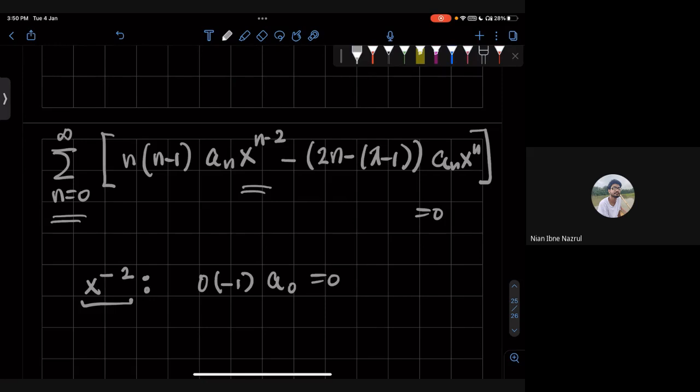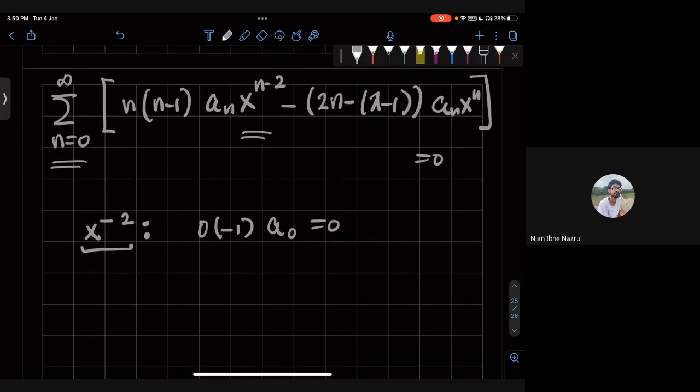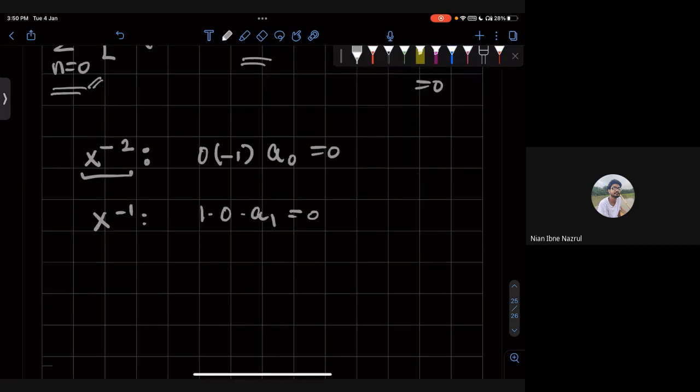Because both left-hand side and right-hand side are 0. And then we have x to the minus 1, which we get from putting n equals 1 here. So for that, we get 1 times 0 times a1 equals 0. Again, 0 equals 0.